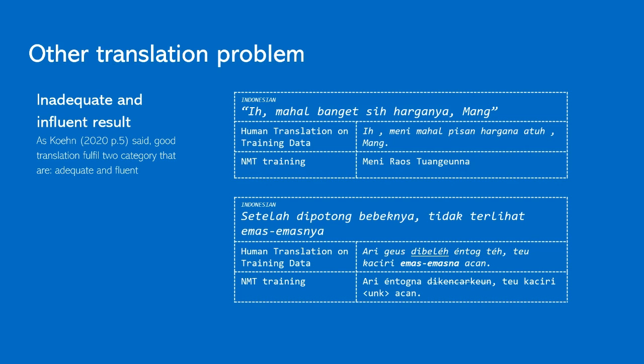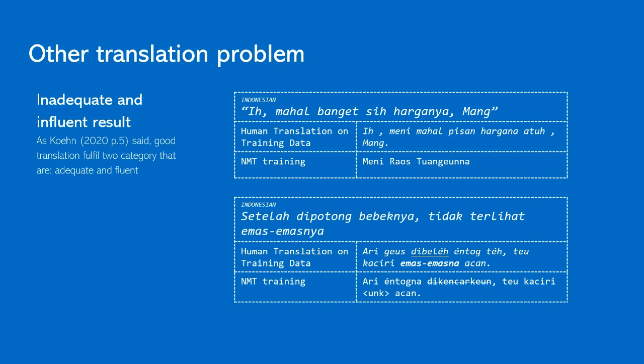And in the second case, we also found that most complex sentences have insufficient words to translate, or in machine translation, this phenomenon is called OOV, or out of vocabulary. OOV in the second example can be seen in the word in the brackets.